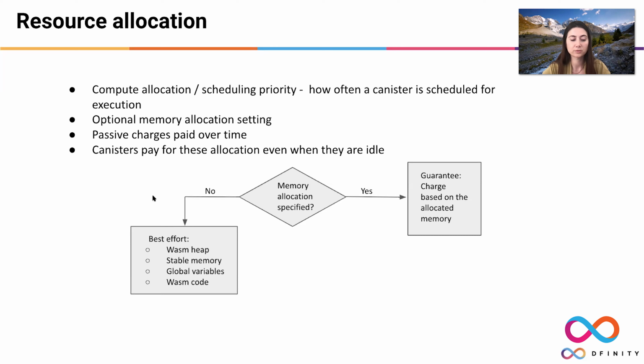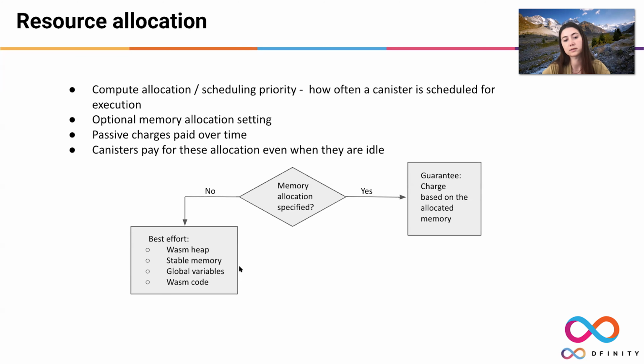And the second type of resource allocation is memory, and this one is defined in the canister setting. It's an optional setting, and if we have this value specified, then when we compute the charge, we use the value that is set.